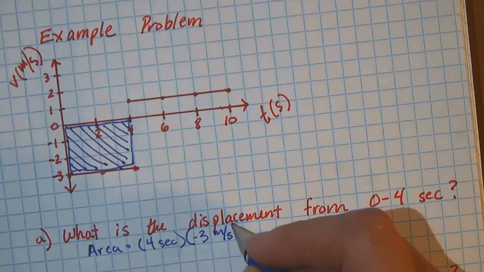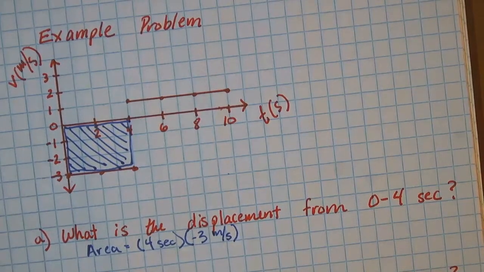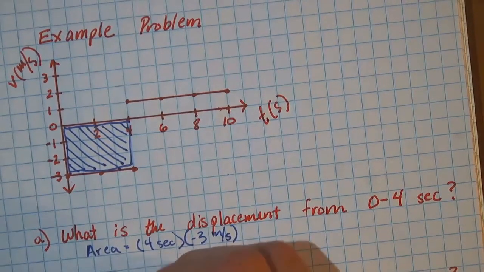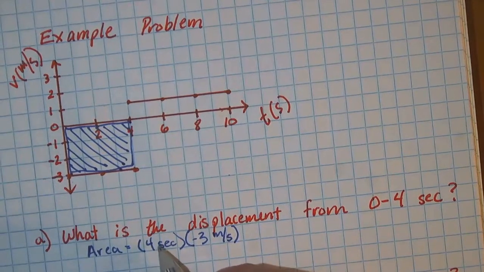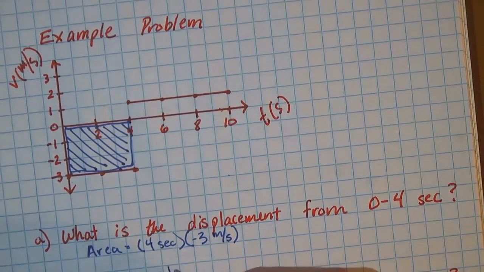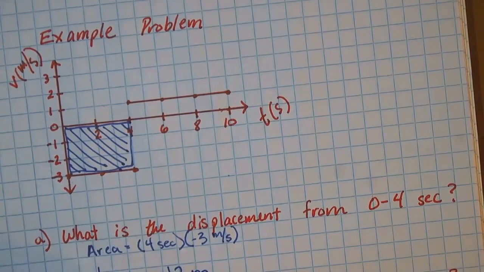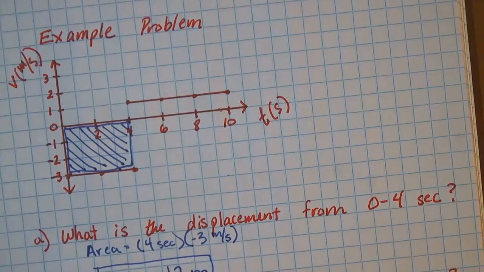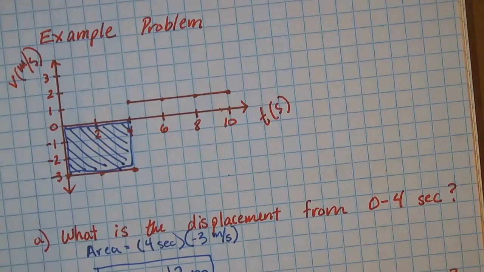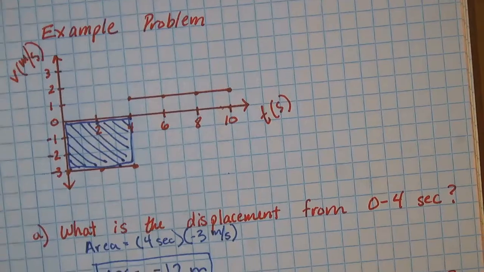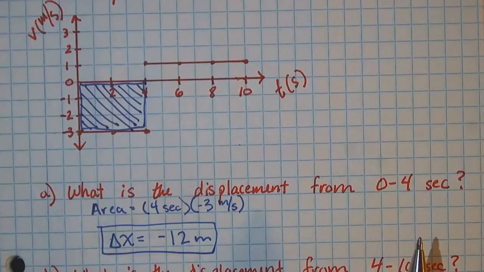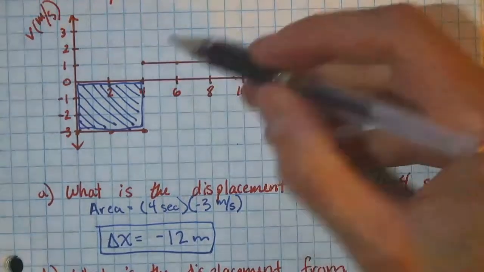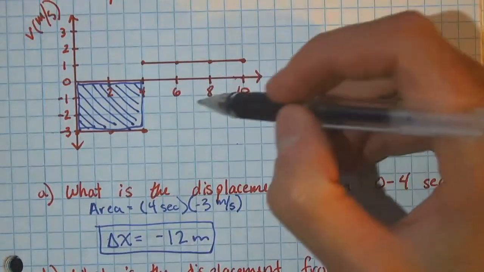Remember, displacement does have a negative sign, so you do have to take into account the fact that it's a -3. So that's going to give us a displacement. Remember, displacement is delta x, of 4 times -3, which is -12 meters. Now to do the displacement for the next problem: what is the displacement from 4 to 10 seconds? That's looking at this area right here.